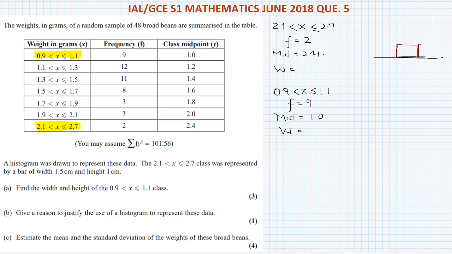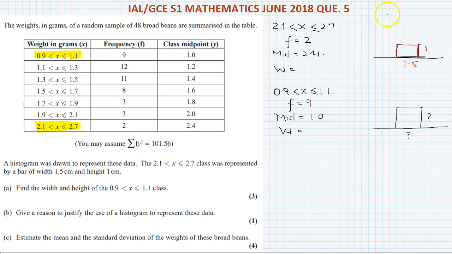Let's say it's represented by this. So this is 1.5 and this height is 1. So we have to find the bar for this class interval, so that what will be its height and what will be its width. This we have to calculate, and this is the information given to us.